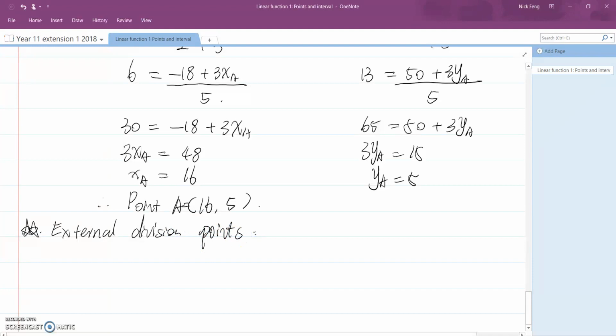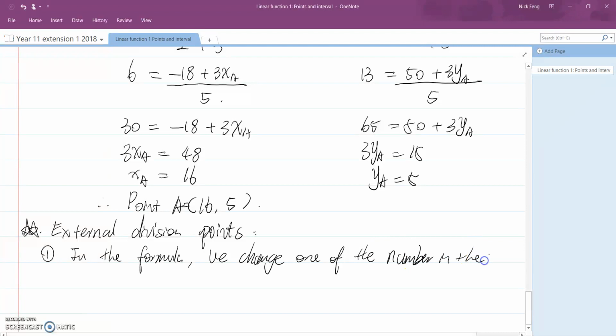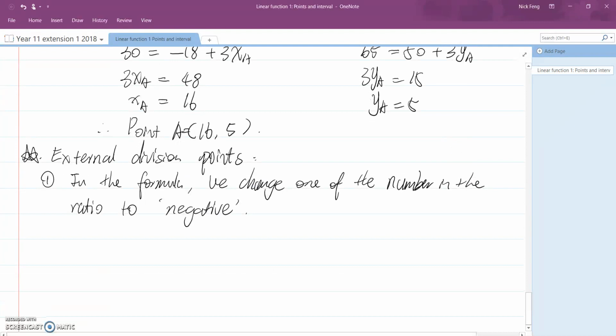Now, by calculation of formula, we simply change in the formula, we change one of the number in the ratio to negative. Okay, so that's simply what we do.